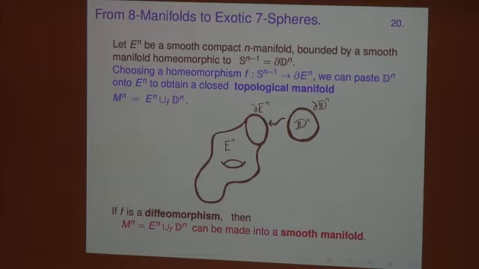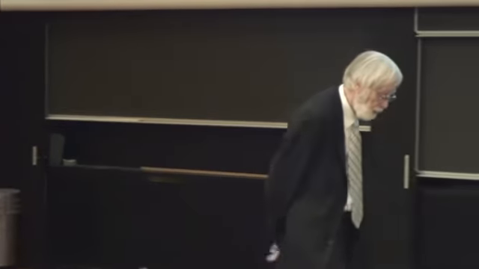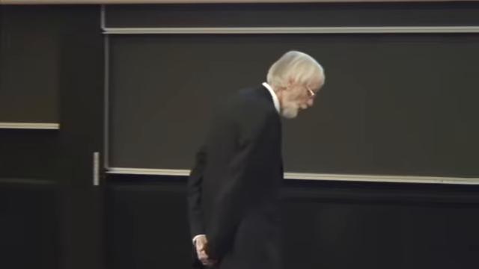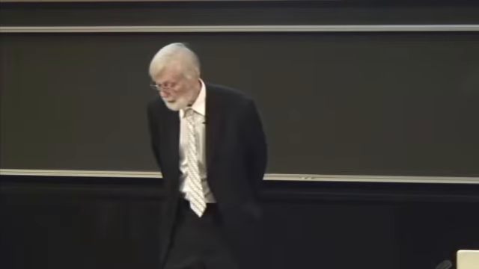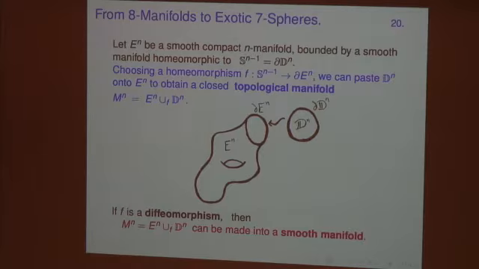We can show that it's a boundary in a natural way, because if you have a sphere bundle, it's just the boundary of a disk bundle. That's an immediate construction. So the manifolds we're interested in are boundaries in a natural way, and if we want to ask whether the boundary is a smooth sphere, we just paste a disk on and ask if this resulting 8-dimensional manifold can exist.